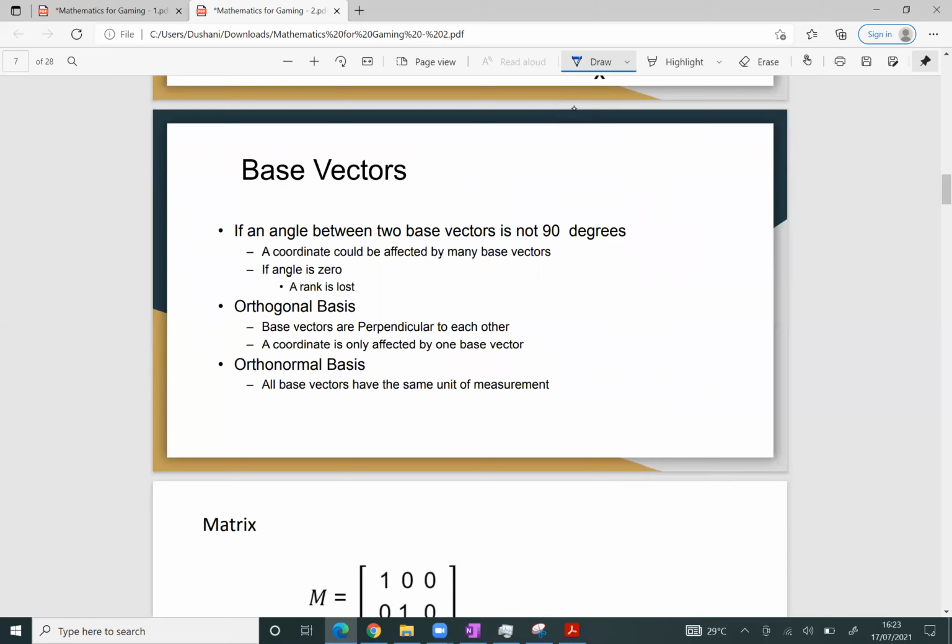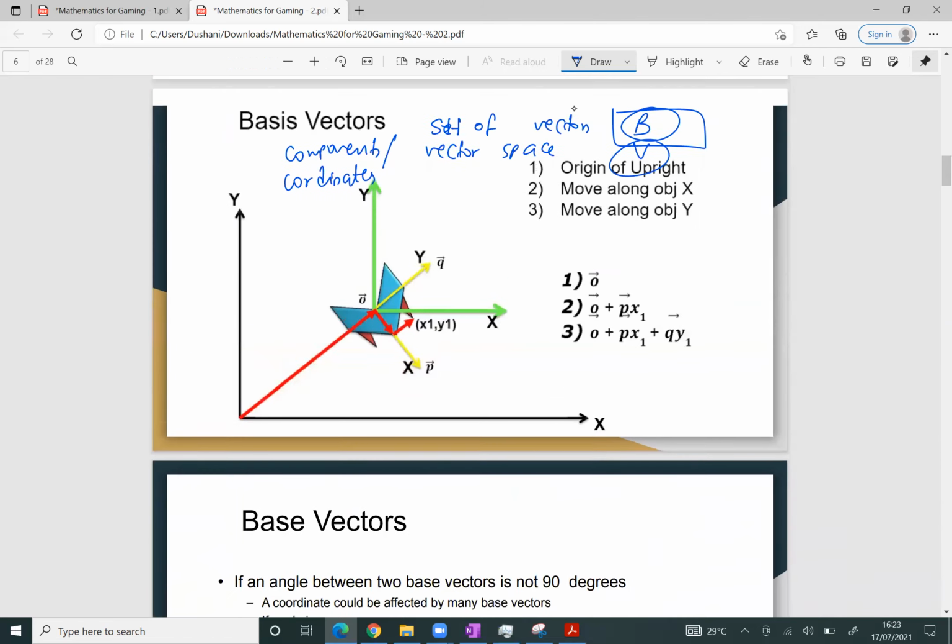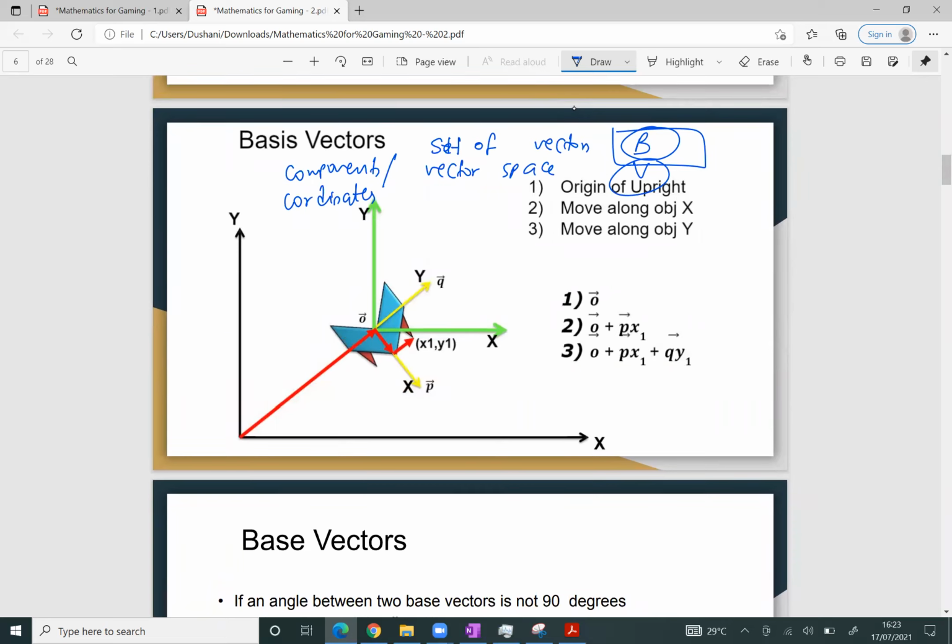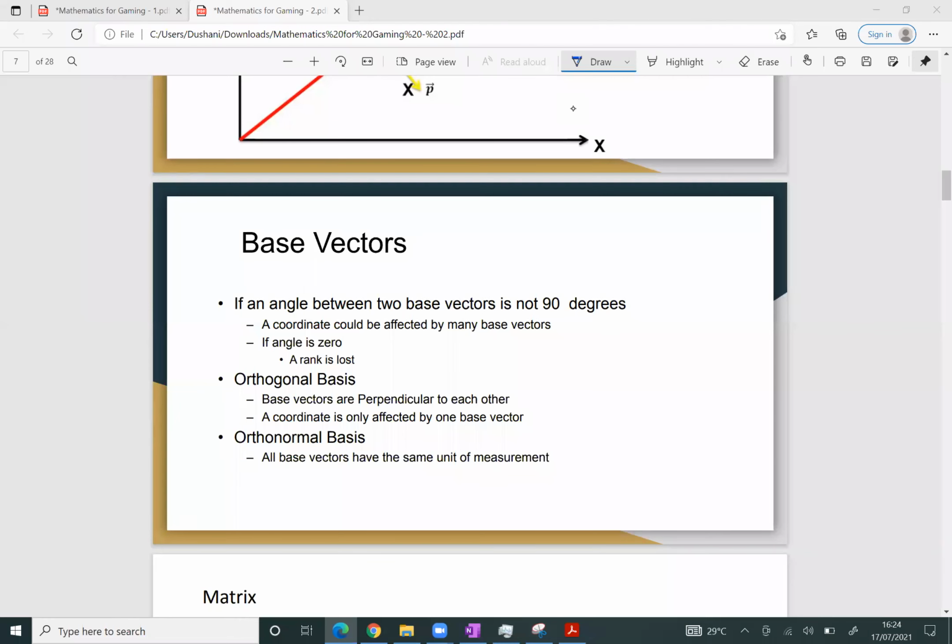Now, a vector basis of a vector space V is defined as a subset v1, v2, up until vn of vectors in this vector space V that are linearly independent and span the vector space V. Consequently, if this is a list of vectors in V, then these vectors form a vector basis.